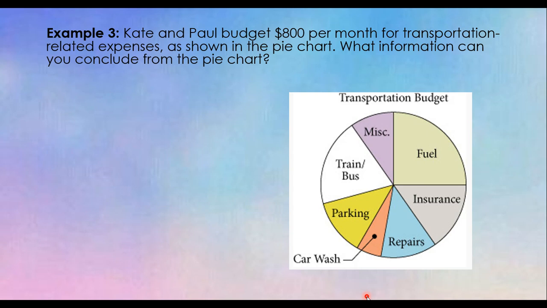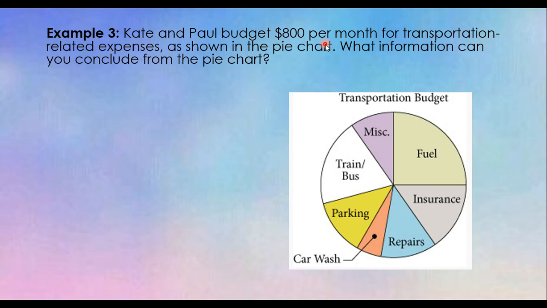And that's probably a skill that so many people lack. But it's not that crazy. So I want you guys to take a minute and think about what you can conclude from this pie chart. Looking at this, and this is just for transportation, and they spend about $800 a month. That's their budget. They can afford $800 a month together.